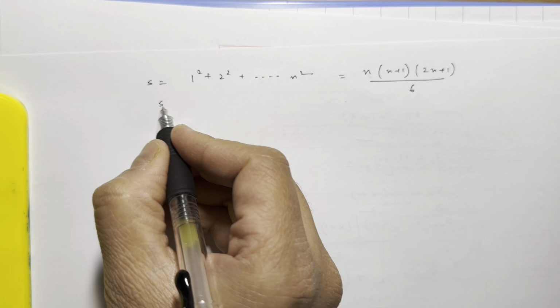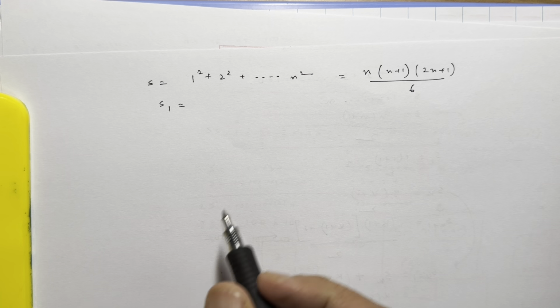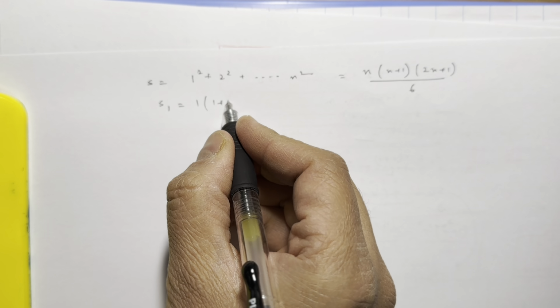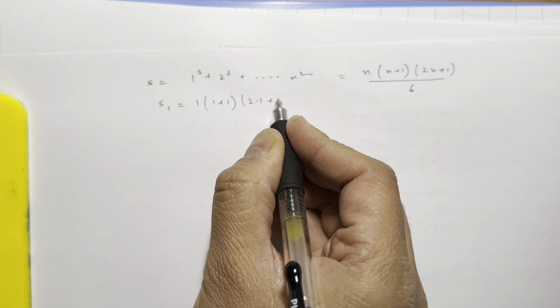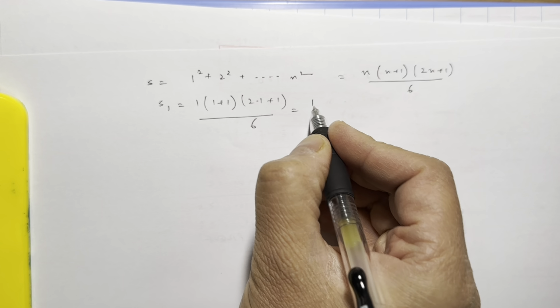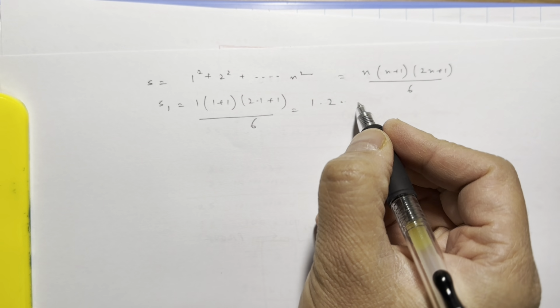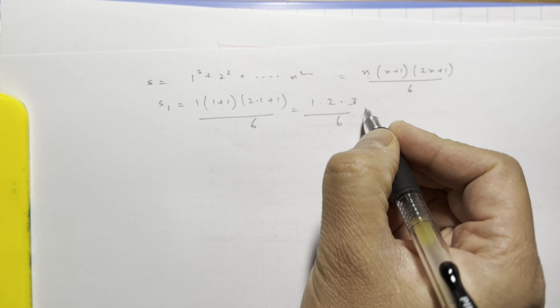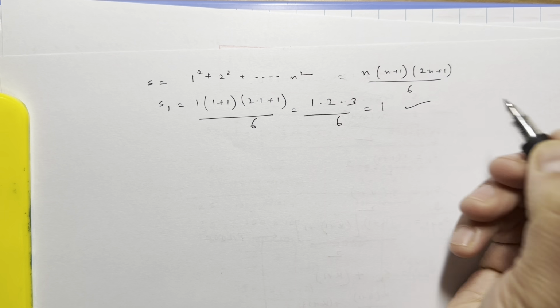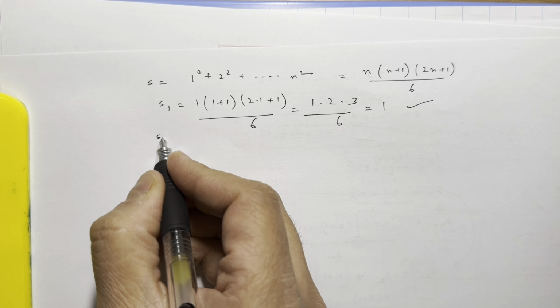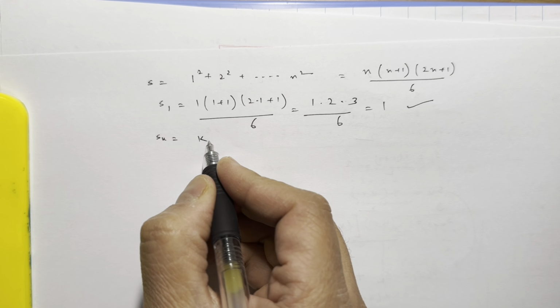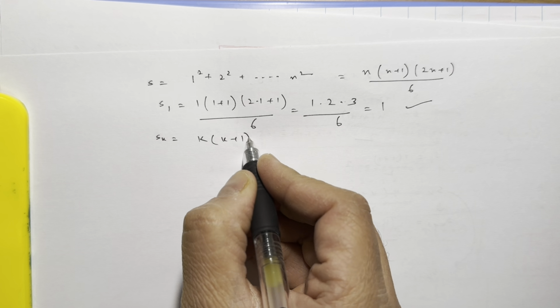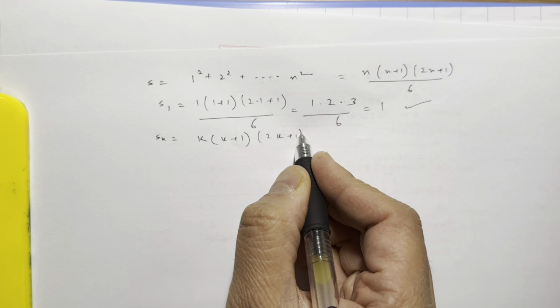So let's look at S1. Is it true? Let's put it: 1 into 1 plus 1, 2 into 1 plus 1 by 6, that is 1 into 2 into 3 by 6. This is 1. So S1 is true. Now let's look at Sk. Let's put Sk. So we have k(k+1)(2k+1)/6.